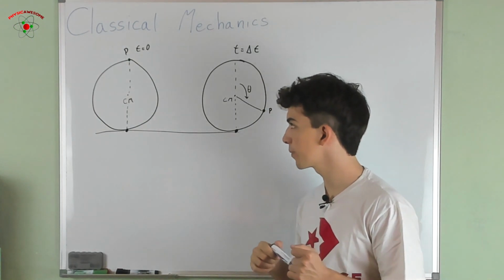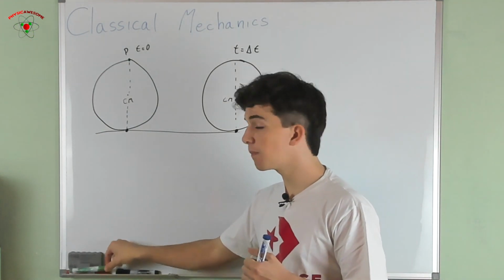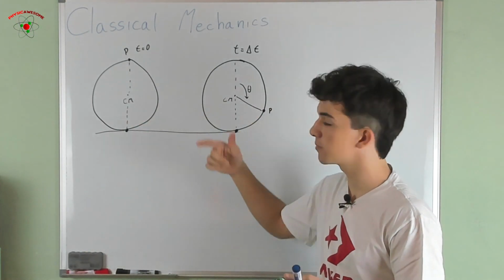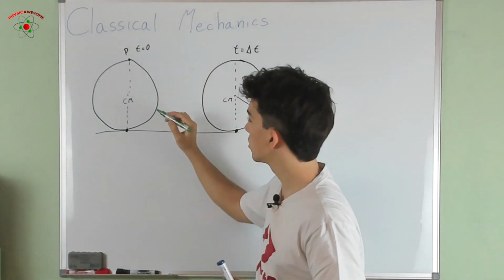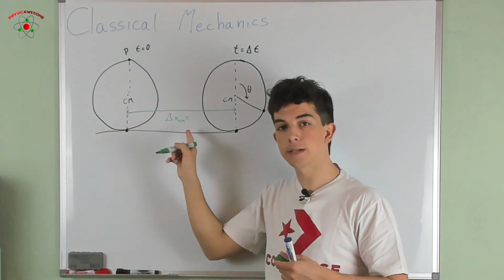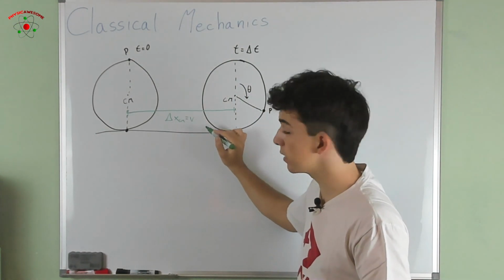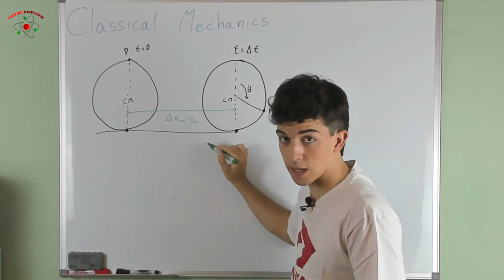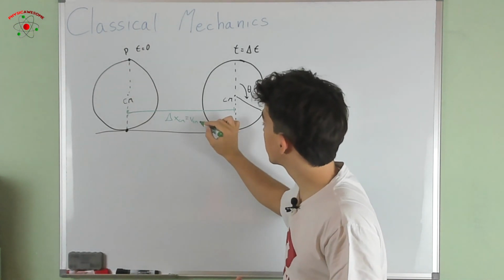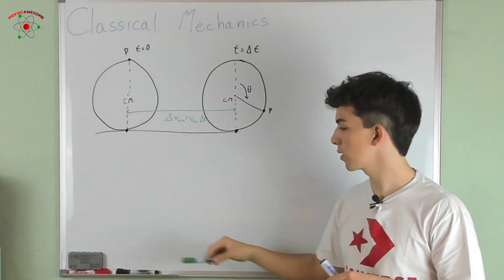Same here. Therefore, we also need to indicate the amount of displacement that the ball has gone, delta x_cm, which is no other thing than the velocity of the ball, v, or v_cm if we want to specify, times the time interval that happened.